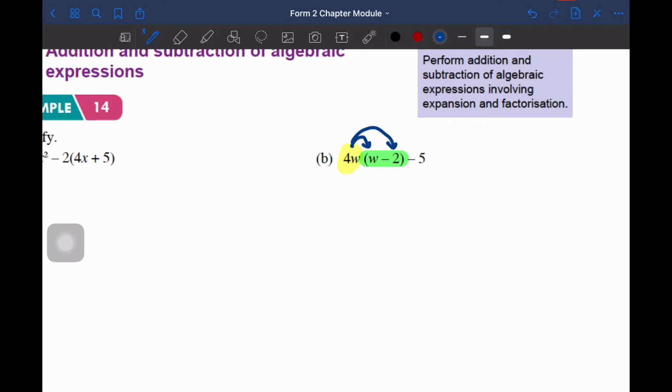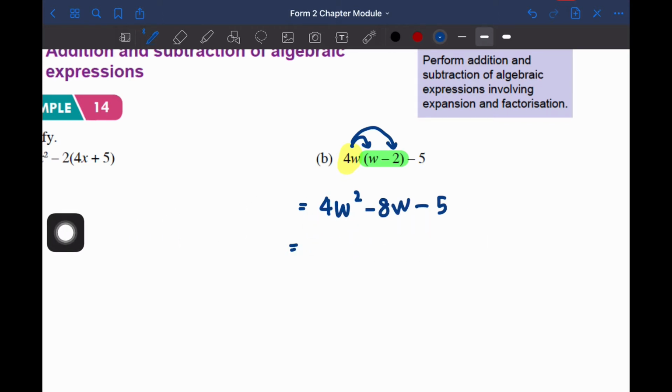Jom kita expand. 4w times w is 4w squared. 4w times negative 2, 4 darab negatif 2, negatif 8w. Dan baru kita masukkan negatif 5. Boleh kecilkan tak? 8 dan 5 tak boleh kan? So this is the simplest form.